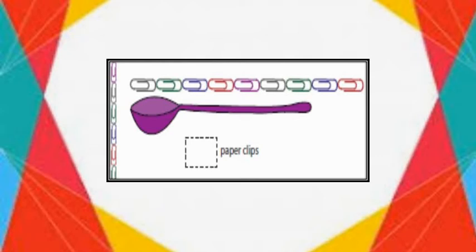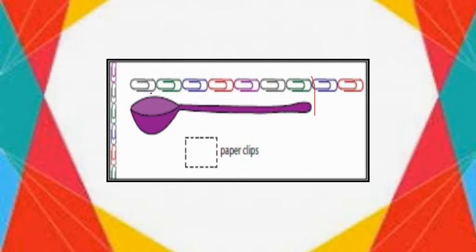Now see, my dear students, here we are having an image of a spoon. Look here carefully and understand how we can measure the length of that spoon with the help of these paper clips. First of all, see where the end point of this spoon is. Here it is.